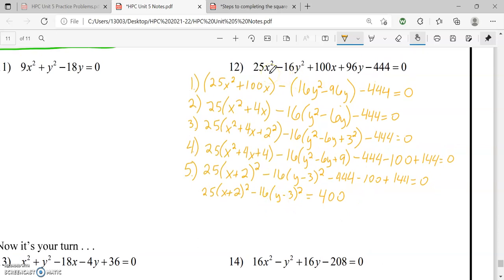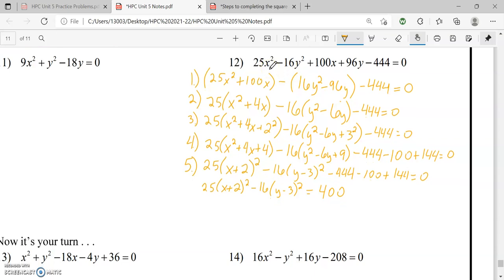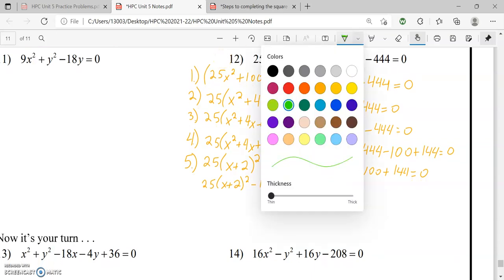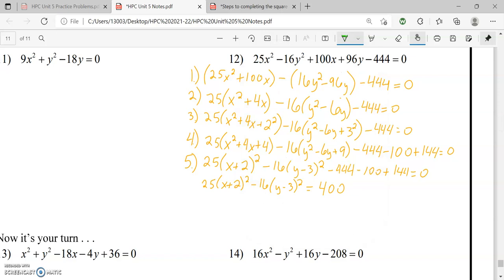The first part of these example problems is asking you to identify what kind of conic section this is. So let's go back and identify what type of conic section it is. Well, x squared and y squared: it's not a parabola. They are not the same coefficient, and they have opposing signs.